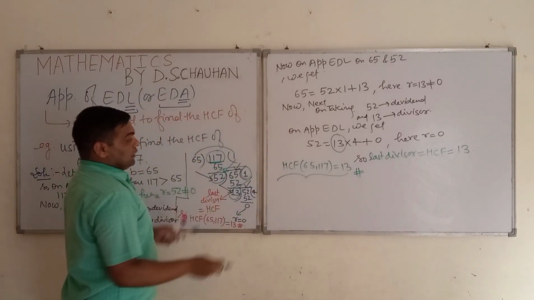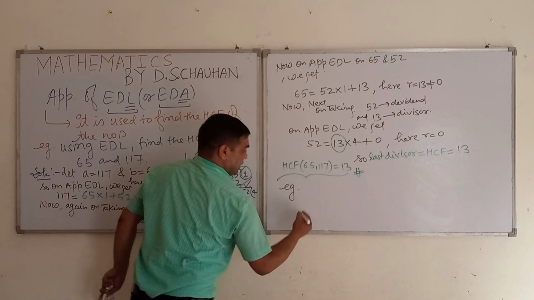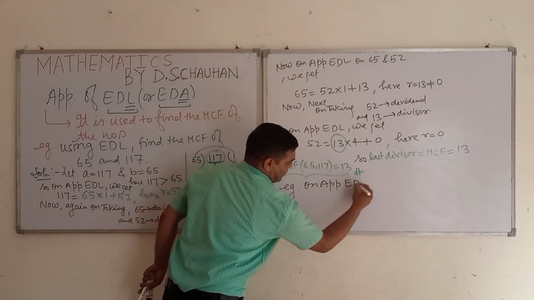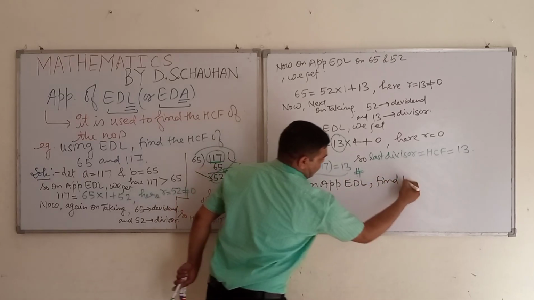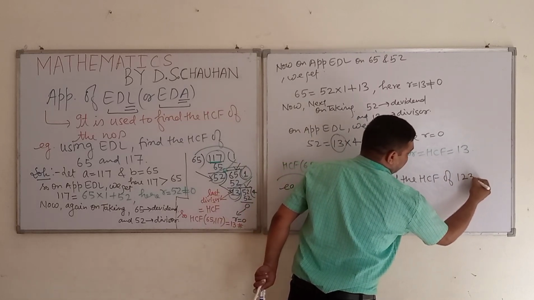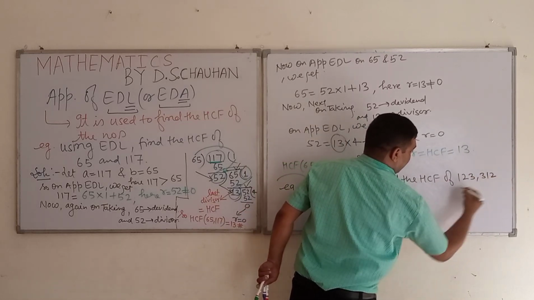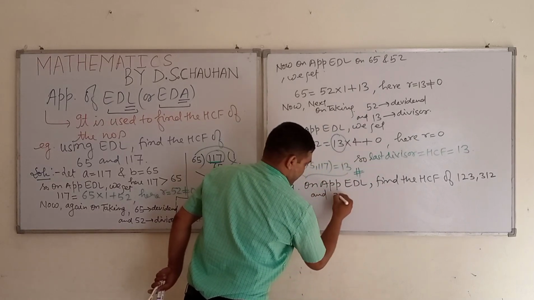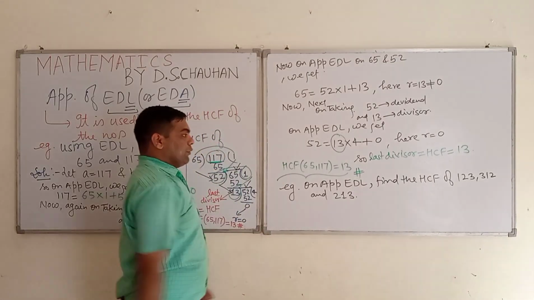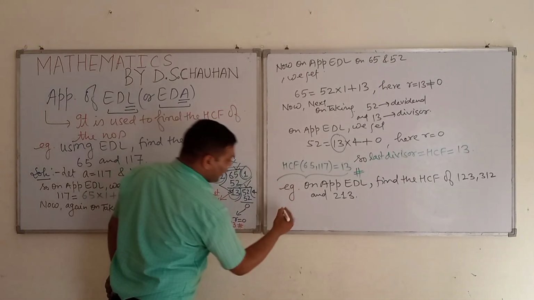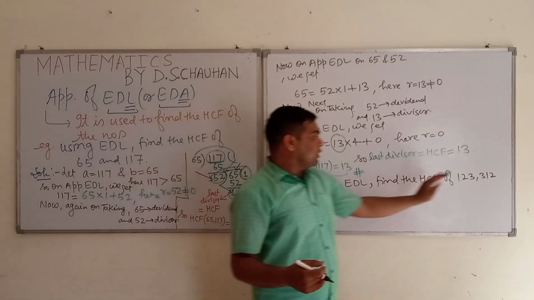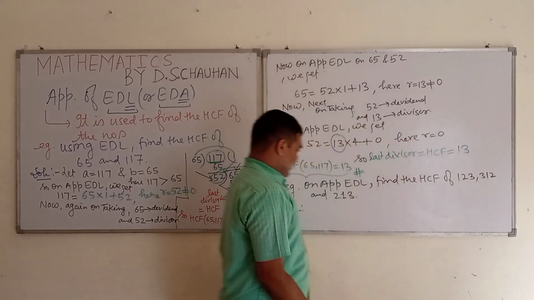Students, I am providing similar problems here. On applying Euclid division lemma, find the HCF of 123, 312 and 213. How will you do it, students? I am telling you. First of all, you have to find the HCF of any two numbers out of these three given numbers.